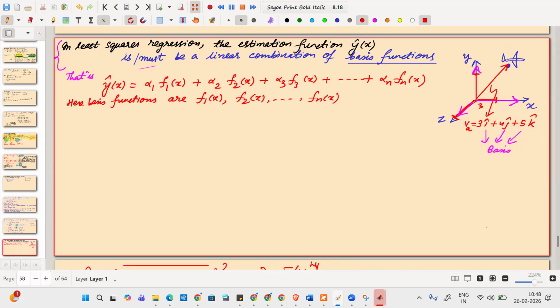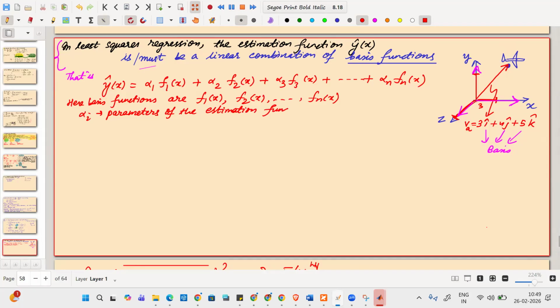Can you see why it is called a linear combination? You know what is a linear combination, right? Alpha 1 times one basis plus alpha 2 times another basis function, and so on. Now, the alpha i's are referred to as parameters of the estimation function.